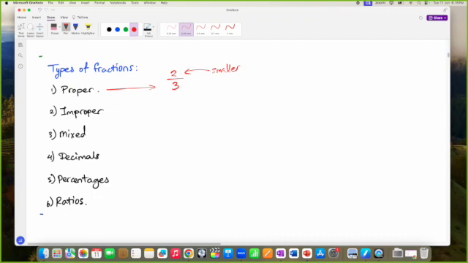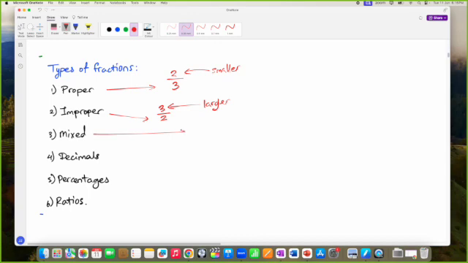So that is a proper fraction. And then we have the improper fraction like 3 over 2, where the numerator is larger than the denominator. The numerator is larger than the denominator.